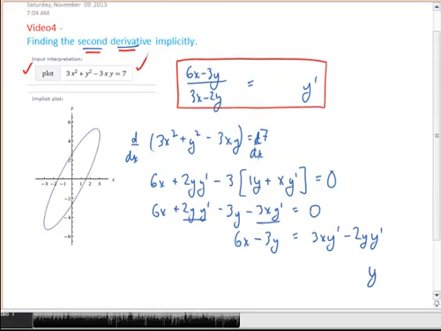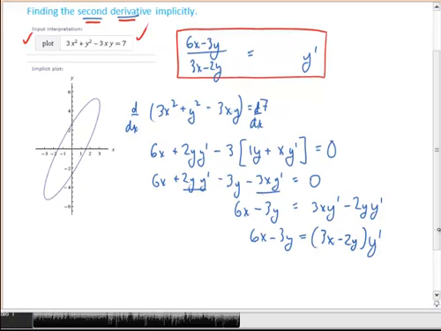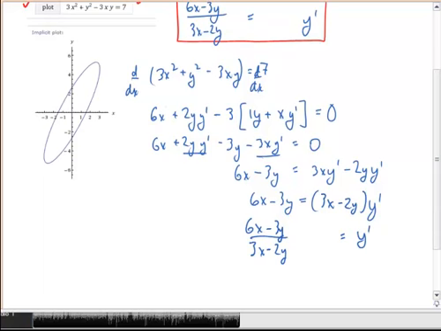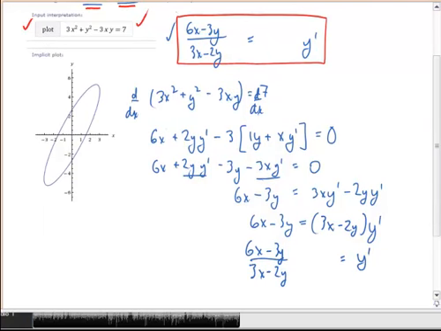And I'm going to factor out the y prime. And I'm going to divide out those terms. Now, of course, we just want to double check and make sure we match what we got before, because I was kind of rushing through that.